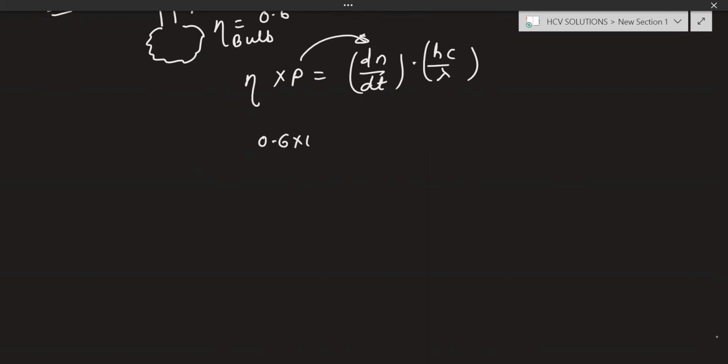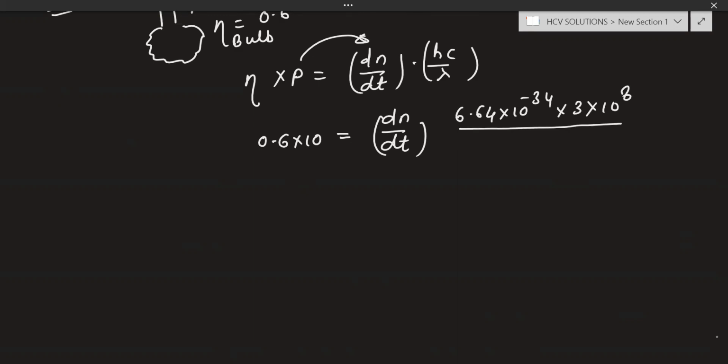So 0.6 into 10, that is the power of the bulb, equals dn upon dt times hc by lambda, where dn upon dt is the number of photons falling per unit time that we have to calculate. Now h we know is 6.64 10 to power minus 34, c is 3 into 10 to power 8, the speed of light, and lambda is given to be 590, but this is in nanometers, so we write 10 to power minus 9.